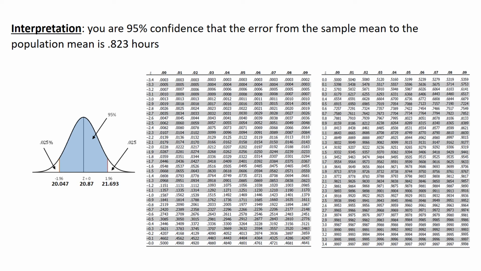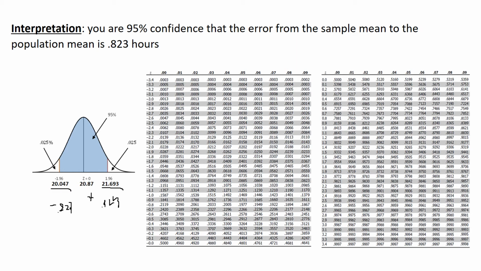And as I did before, here's my normal distribution, and I found it's 1.96, negative 1.96, same confidence interval, but the error is 0.823. 20.87 plus 0.823 equals 21.693, and then 20.87 minus 0.823 equals 20.047.